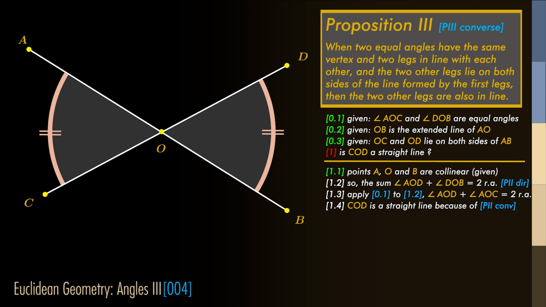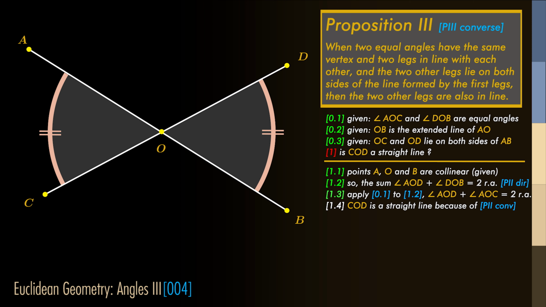Indeed, because the points A, O and B are collinear, we have that the sum of angle AOD and DOB equals two right angles, and this is according to proposition 2, namely the direct part.